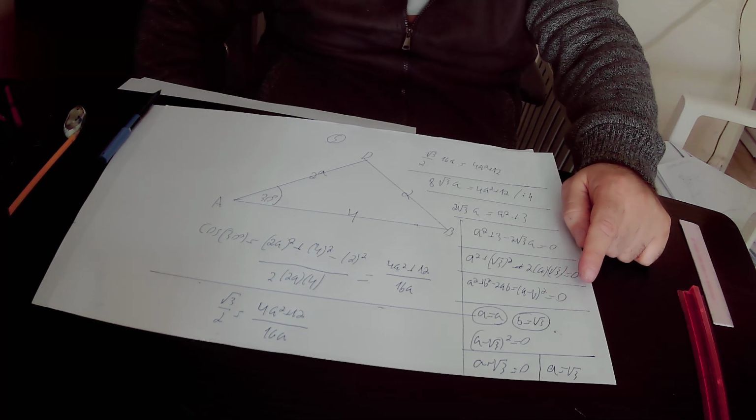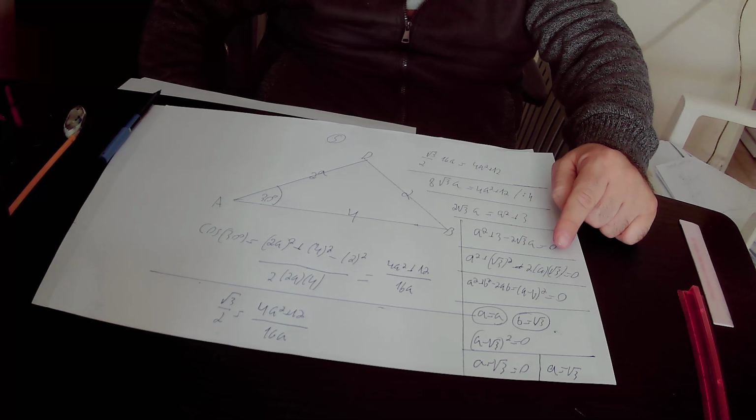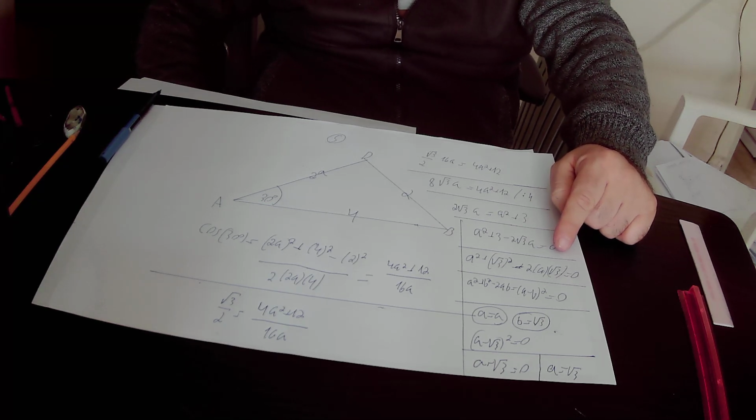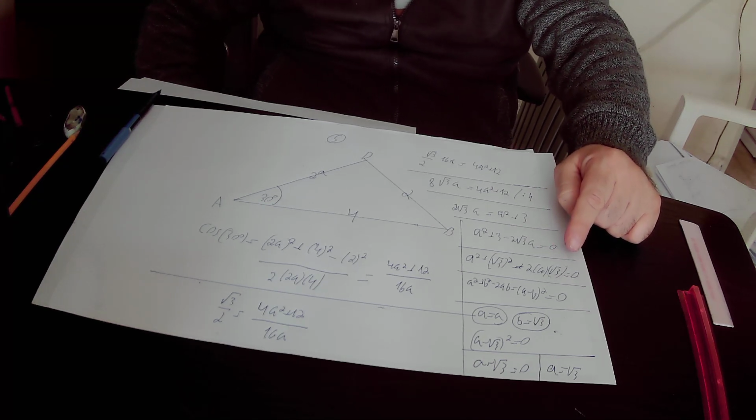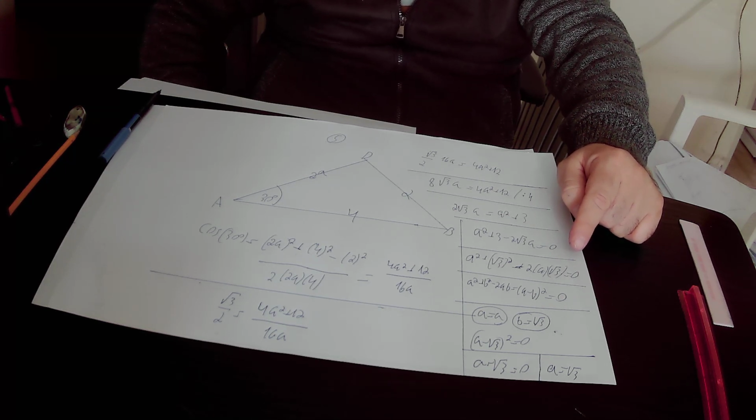So we can substitute this expression by a minus b squared that equals 0. In our specific expression, a equals a and b equals square root of 3. And a minus b squared will be equal to a minus square root of 3 squared that equals 0.